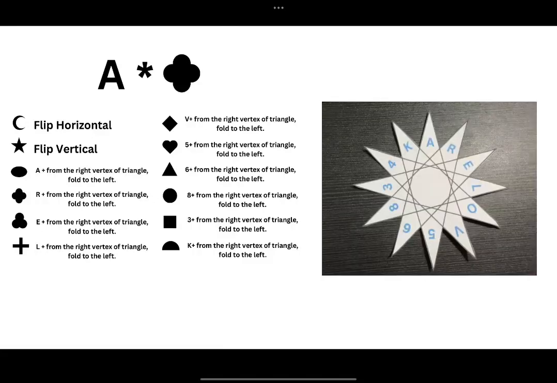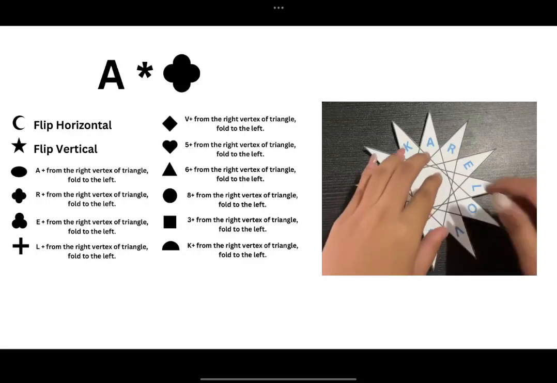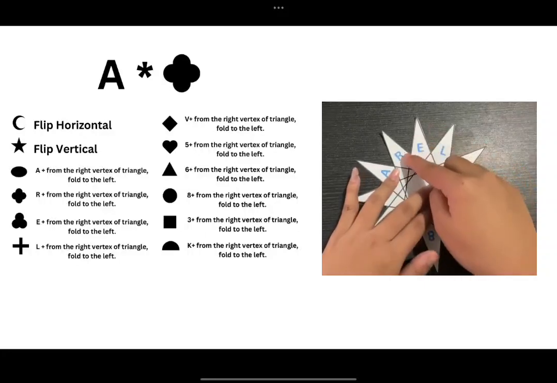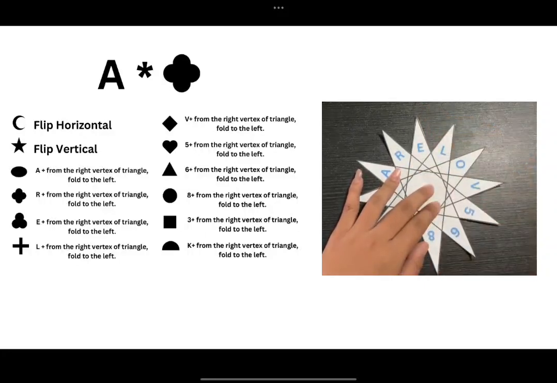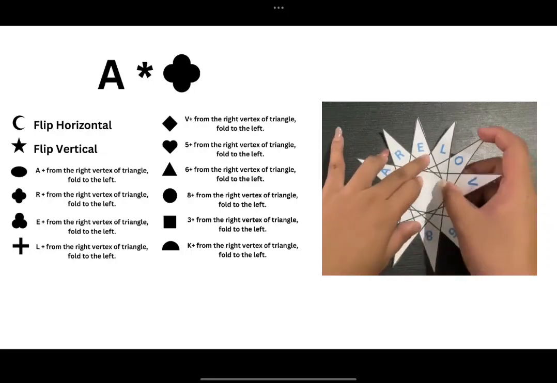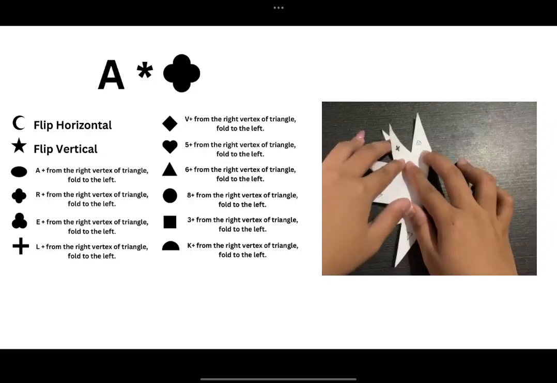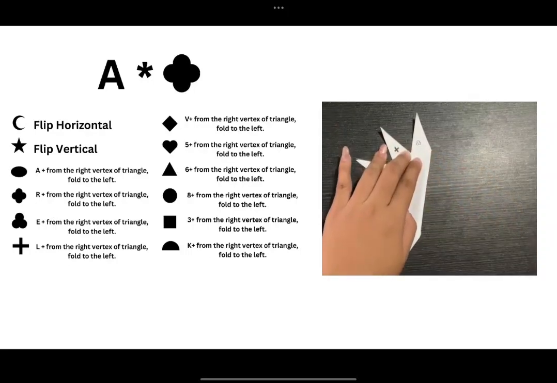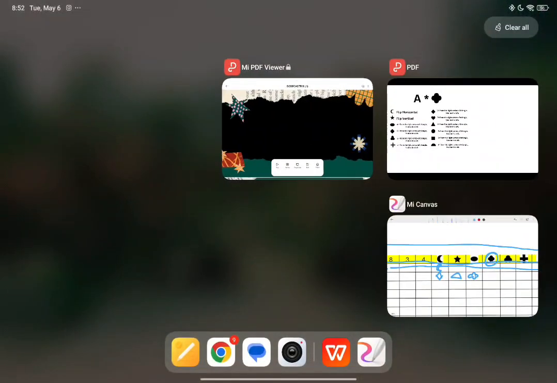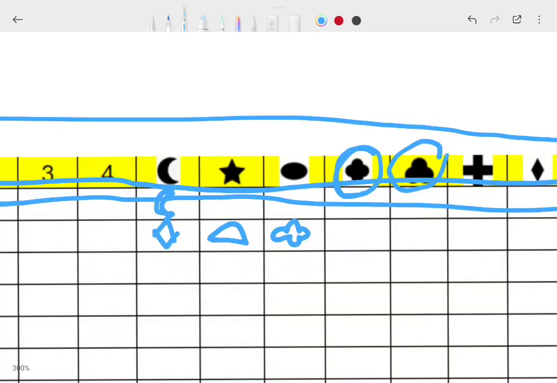So let's do 60-degree counterclockwise, 30, 60, and from the triangle, right vertex, fold to the left. So the resulting element is the trefoil. Okay, so the resulting element for A star quatrefoil is trefoil. So here's the trefoil.